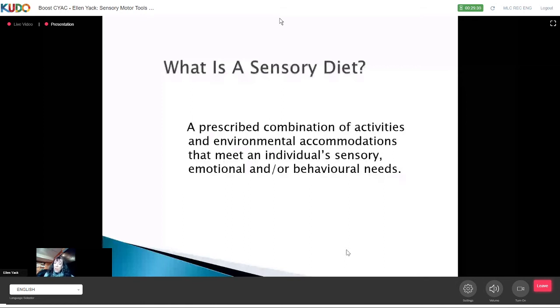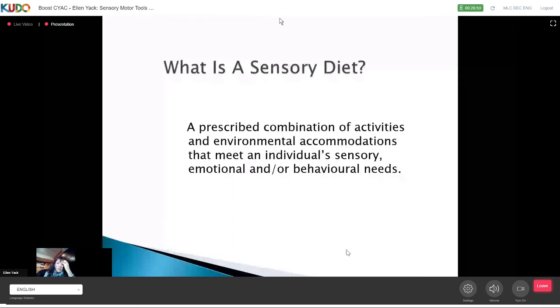If you're picking up the baby, you might know that they like bouncing input. You might know that they like rhythmic back and forth movement. You might know they like bouncing plus patting their bums. You might know that they do well with shushing sounds, or they do well with a soft lullaby. So you are choosing a combination of sensory motor activities and input and environmental accommodations to meet the needs of that baby.